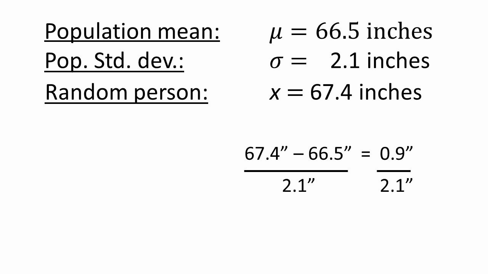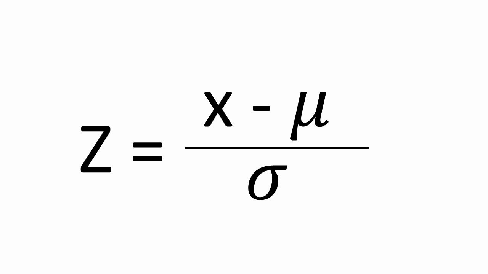So divide the 0.9 inches by 2.1 inches to see how many standard deviations this person is from the mean. This is how we calculate a z-score. Make sure you understand the formula for finding a z-score when you are selecting a single random object from your population. The formula says z equals x minus mu over sigma.